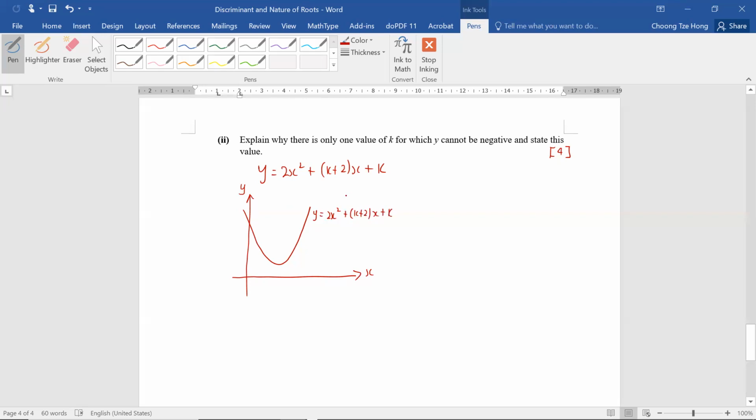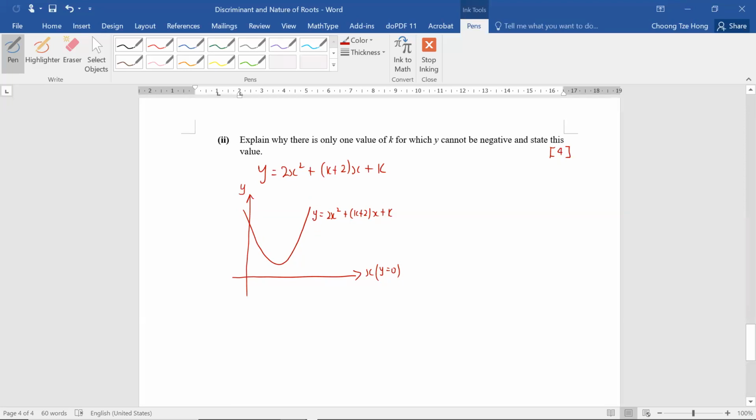Just now in the previous examples, there's always a line and a curve. But for this particular question, which line are we going to talk about when we are talking about cannot be negative or always positive? The line that we will now be concerned about will be the x-axis, because if this curve is always positive, that means always above the x-axis.